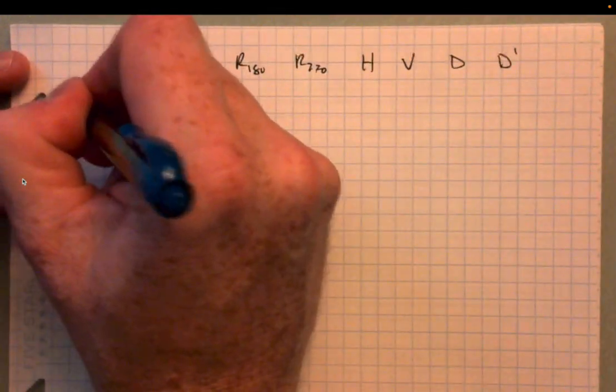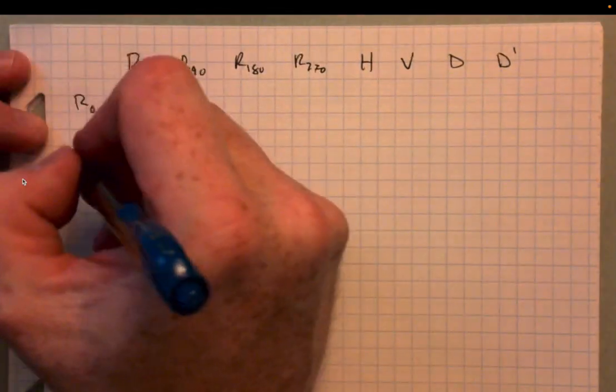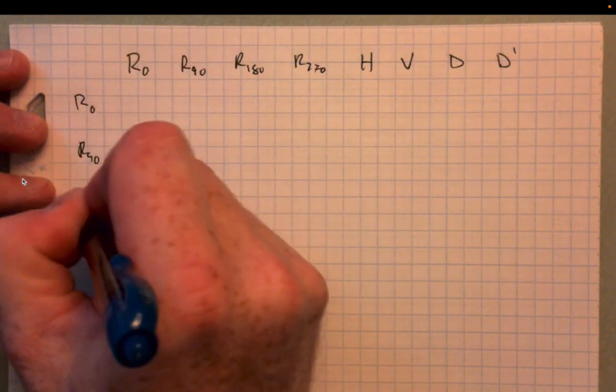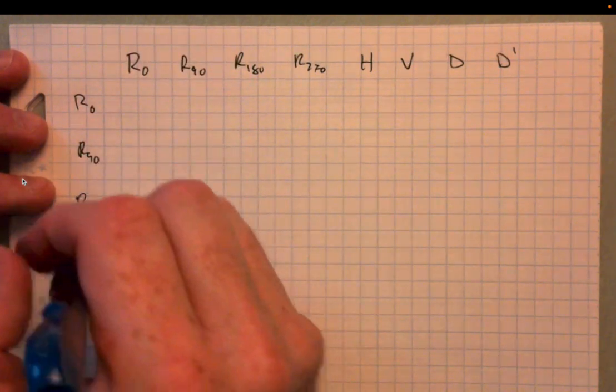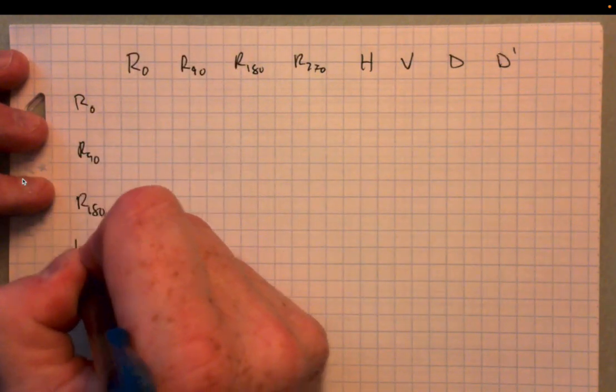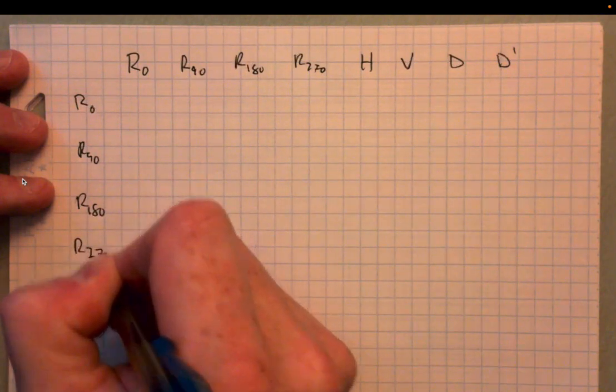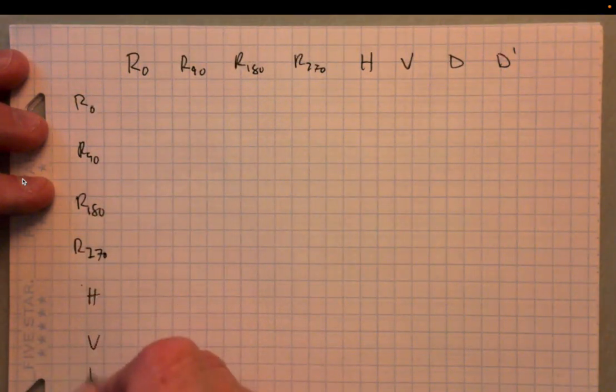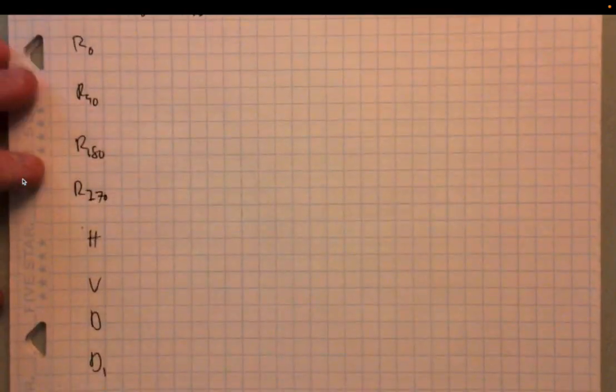And then down the side we'll have the same R0, R90, R180, R270, H, V, D, D prime.